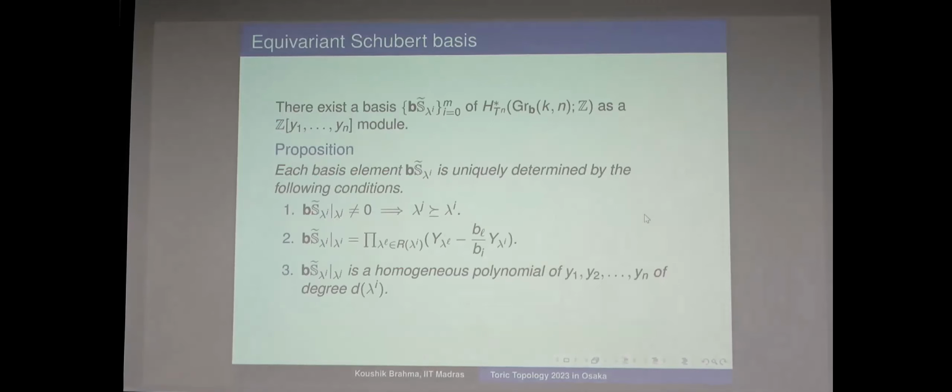And also in our earlier paper we found a basis B_lambda I of this equivariant cohomology ring as a Z[y1, y2, ..., yn] module, and that is uniquely determined by these three conditions.